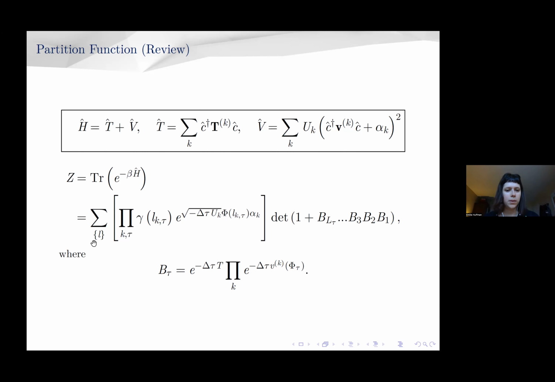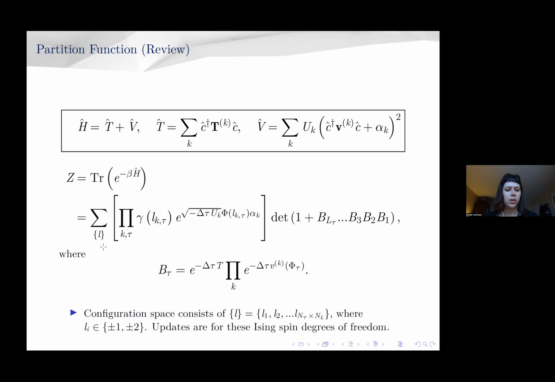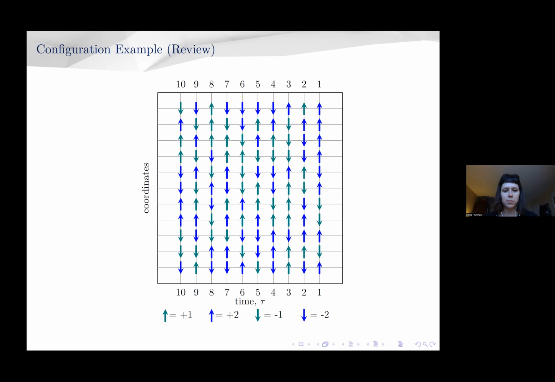And the sum is over these l fields, where the l's each take on the values ±1 or ±2. And this is our configuration space, and updates are for these Ising spin degrees of freedom. So again, as Johannes showed, you go sequentially in time, and in each time slice, you then update all the spins according to our Markov chain rules.